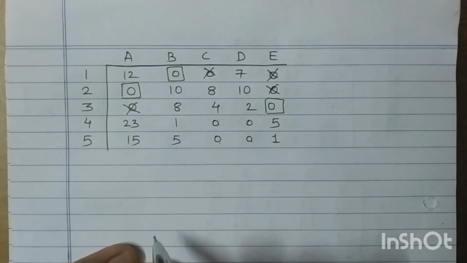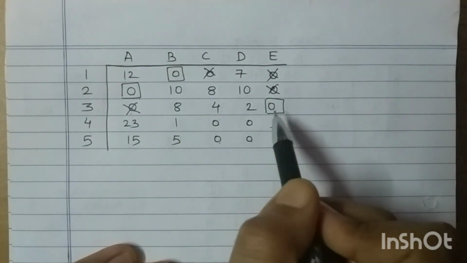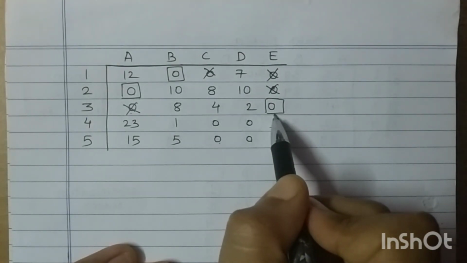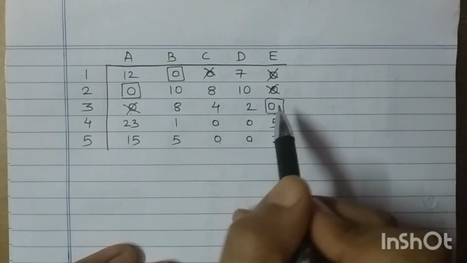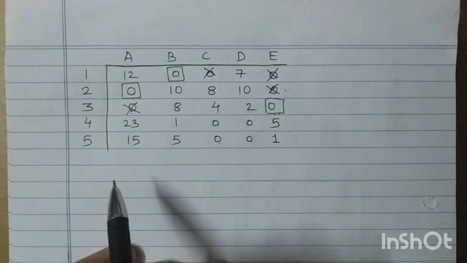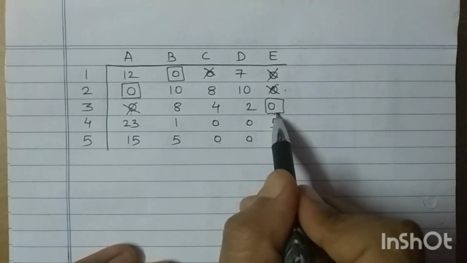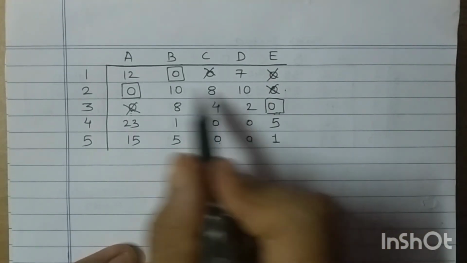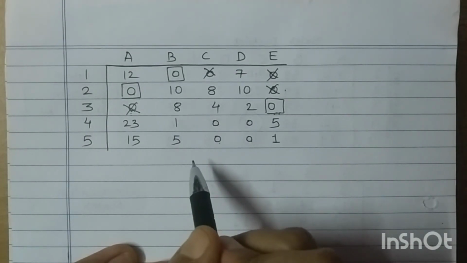Now what combinations will be there? Either you can select this zero, then this zero will be deleted and this zero will be captured. Or you can select this zero, then the solution will be the same. Or you can select this zero and the other will be deleted. So there will be combinations and the final answer will be the same.